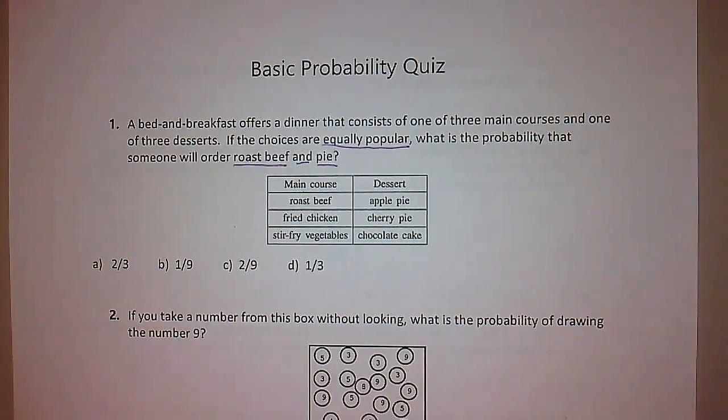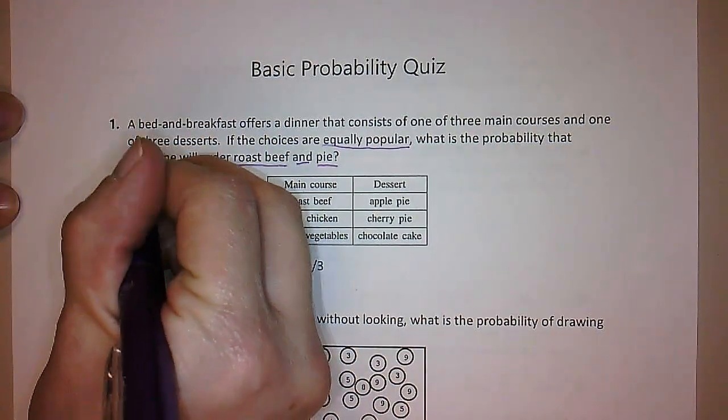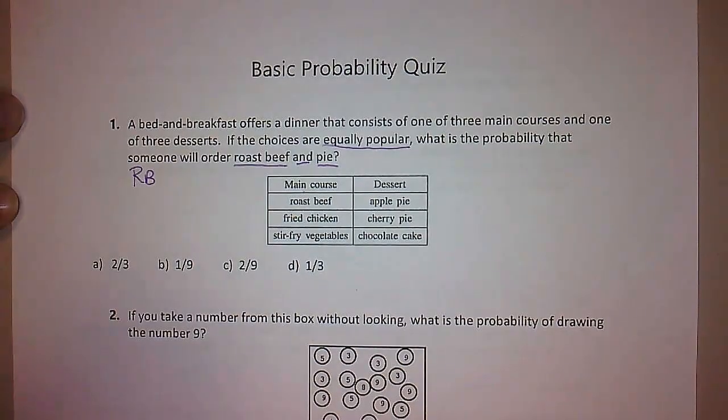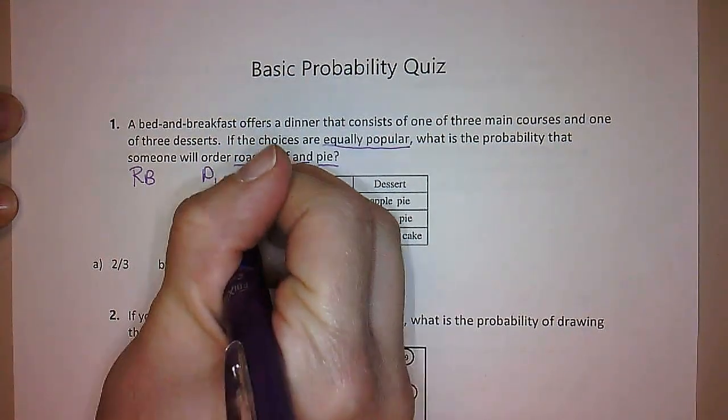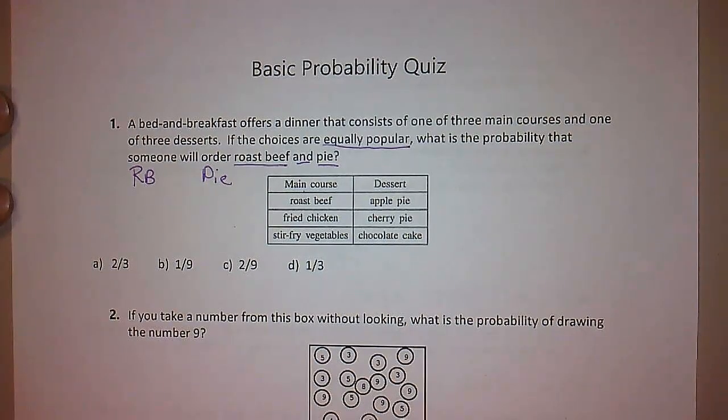So these choices are equally popular, which means that the probability is the same for each of these choices. And we want the probability that someone orders roast beef and the probability that they order pie. So remember, basic probability means that you're creating a fraction. You want the amount of outcomes over the total amount of outcomes.